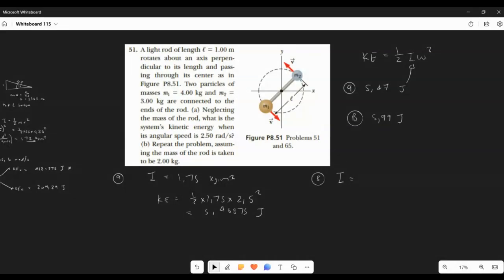Fantastic. Therefore, how much is the kinetic energy? Let me check quickly. Half times 1.92 times, what's omega again? 2.5 squared. I should get exactly 6. That's correct. I is 1.92. You guys can sort that out.